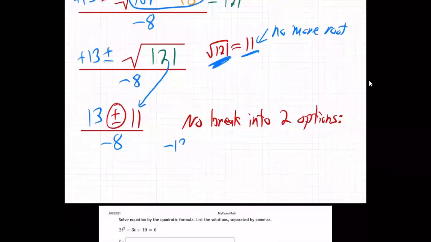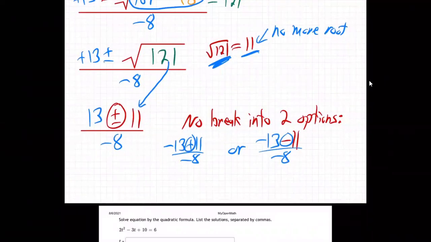So that means negative 13 plus 11 over negative 8, or negative 13 minus 11 all over negative 8. See how I did the plus and the minus because it was plus or minus. So you've got to break those into the 2 options. That's what plus or minus means. It's shorthand notation for 2 separate complete answers, right?